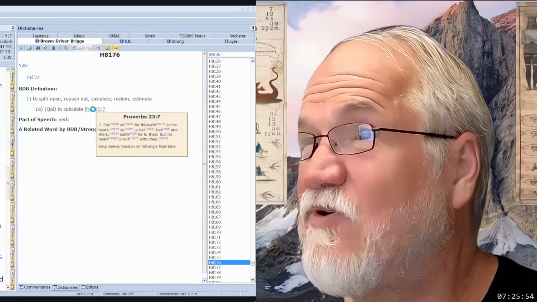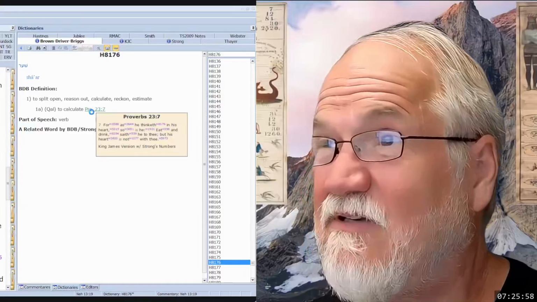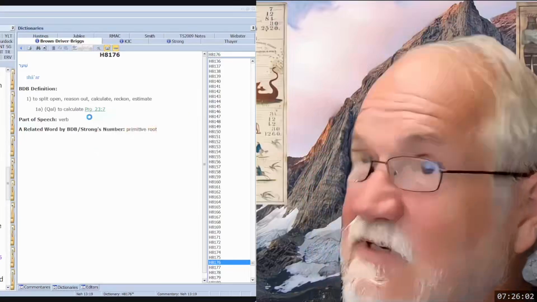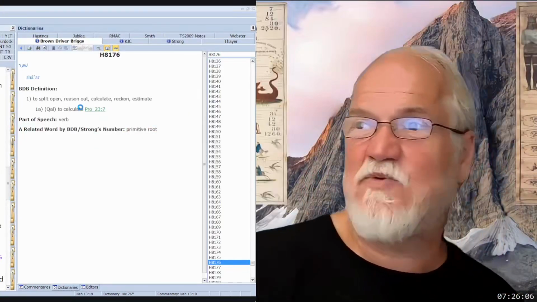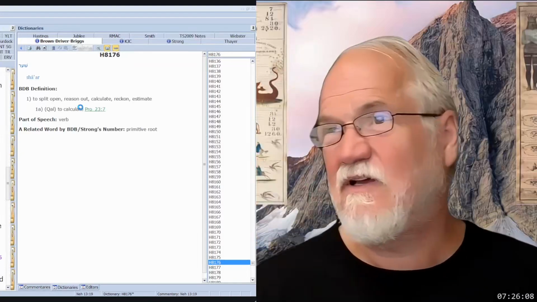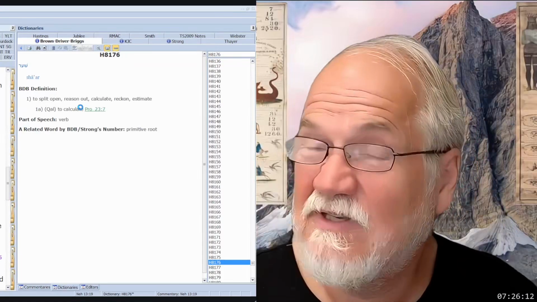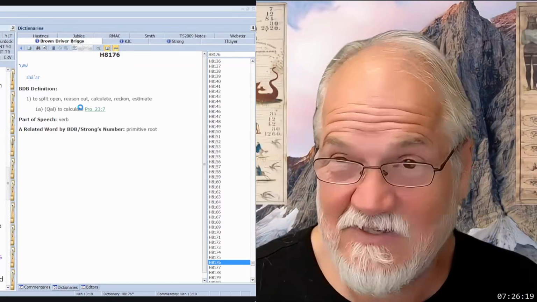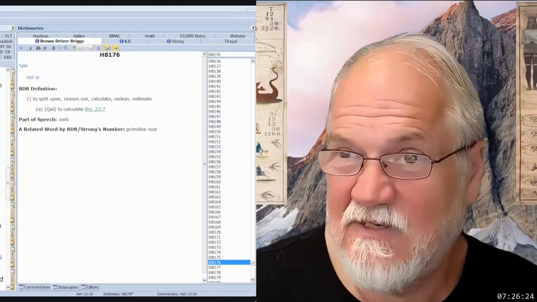So there it's this word think, thinketh, or to calculate, reckon, estimate, reason out, split open. So that's what the word gate means, and that's Proverbs 23 verse 7, that word is used in that sense. So at the gates, there's some kind of calculation being done.